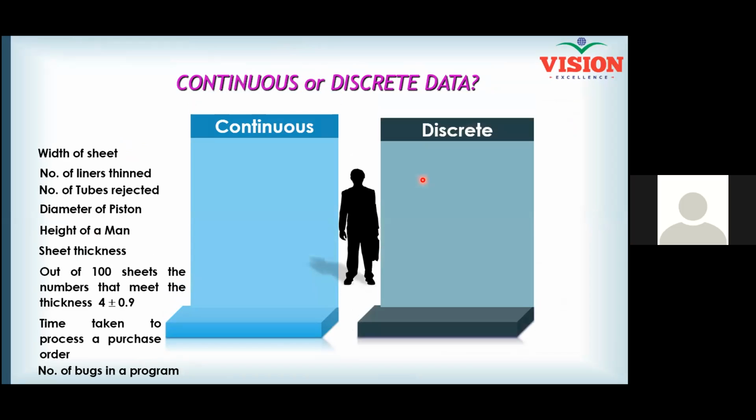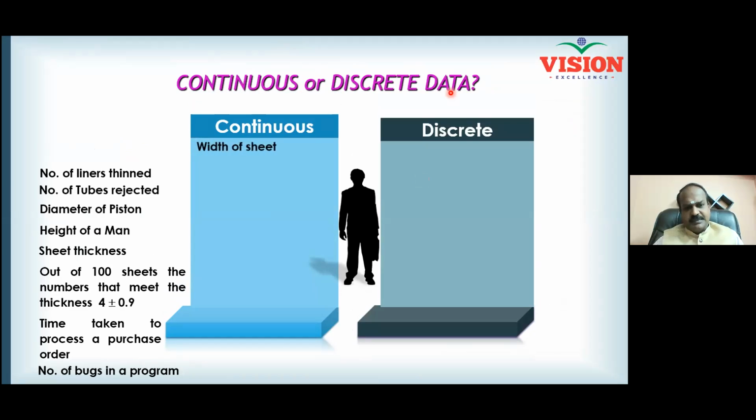Discrete. Do you count the width? Will you count the width or measure the width? Measure the width. Then when you measure it, what is it called? Continuous data. So width of a sheet is continuous data.